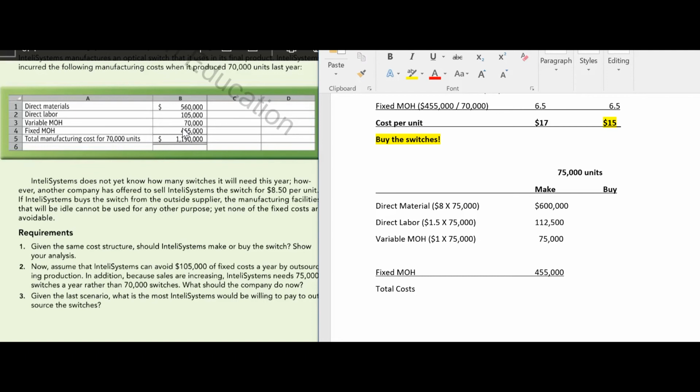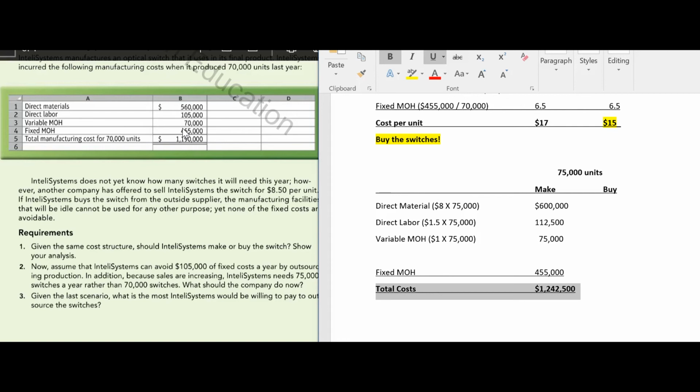Let's add all the numbers: 600,000 plus 112,500 plus 75,000 plus 455,000, and I found their total cost will be 1,242,500. That means if they make the switches, their total cost will be this much.